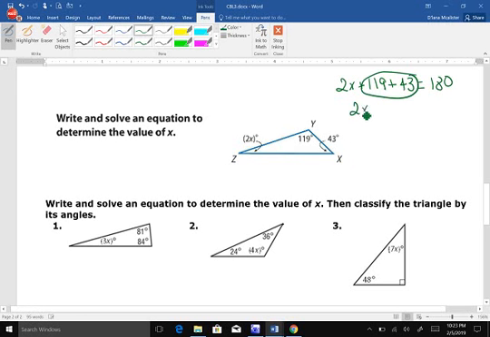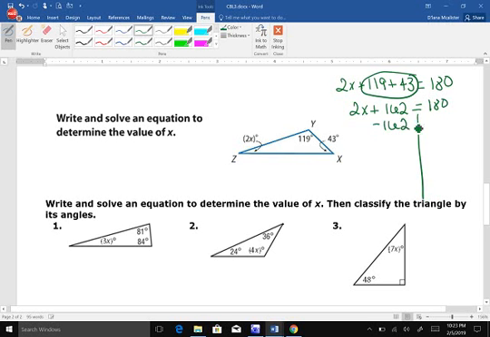Combine like terms. So you have 2x plus 119 plus 43 equals 162. This equals 180. Now I can do inverse operations.